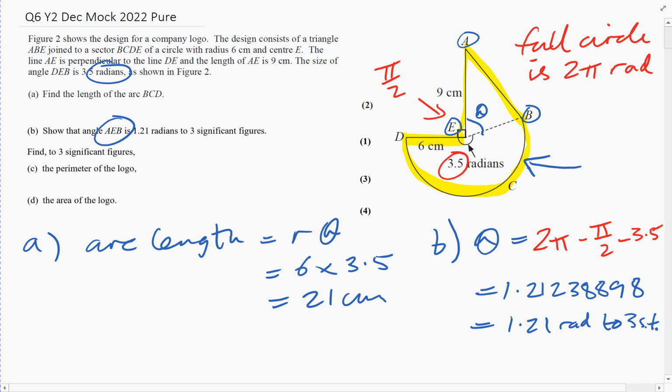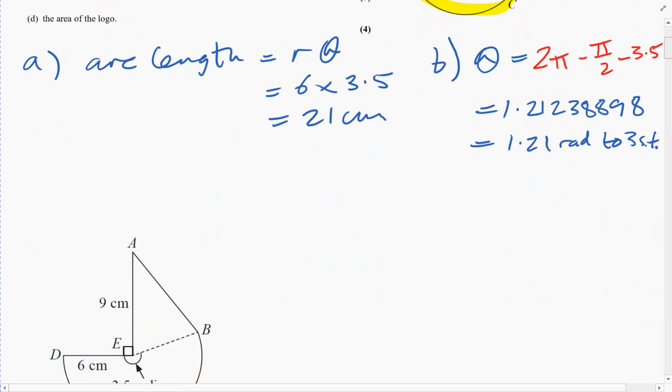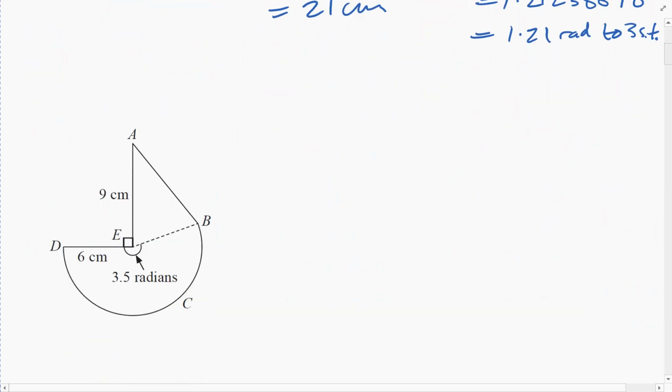Well, I think we can just use the cosine rule there, because this is 6 as well. This distance from E to B is 6. So let's do the cosine rule. I can use this sketch down here. So in part C, we know this is 6.